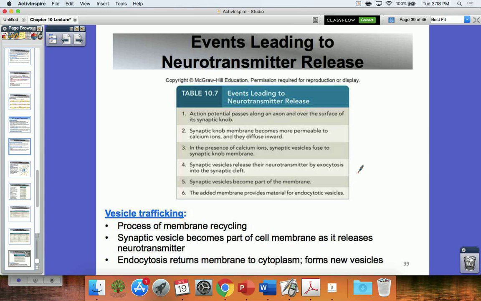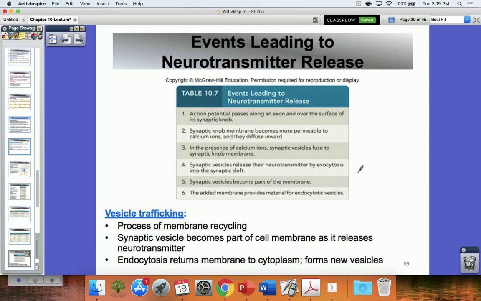This we mentioned several times already. This is just what happens when a neurotransmitter is about to be released. We know that it's being taken along the axon until it gets to the synaptic knob. We know those calcium ions are going to be taken into the synaptic knob of that presynaptic neuron.